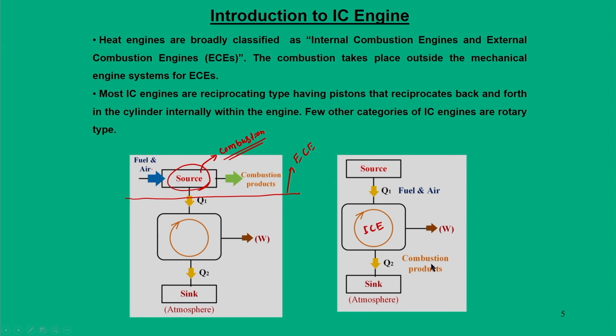And our main focus will be on this part. Now, this IC engine can be of reciprocating type or rotary type, and in our analysis we will mostly consider the reciprocating type engine.